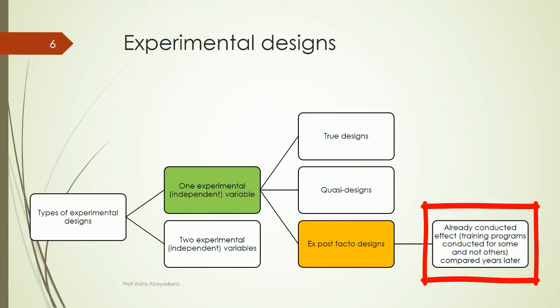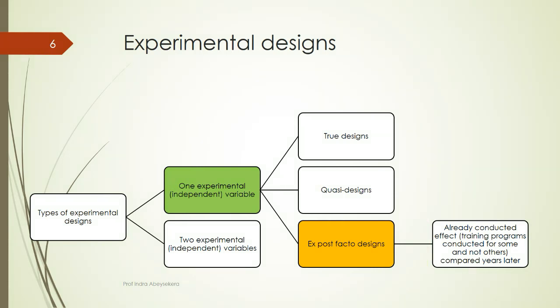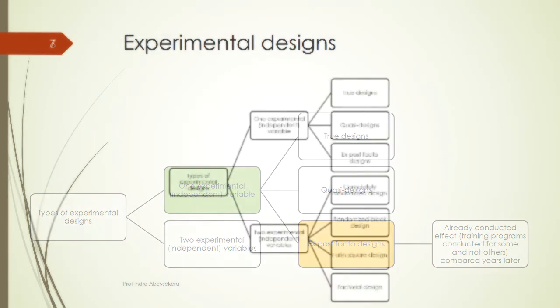It's very similar to what I mentioned about the training programs, that we look at after the event rather than before the event. So we can look at the control group only, we can look at the treatment group only, or we can compare the two groups as preferred by the objectives of the experiment.